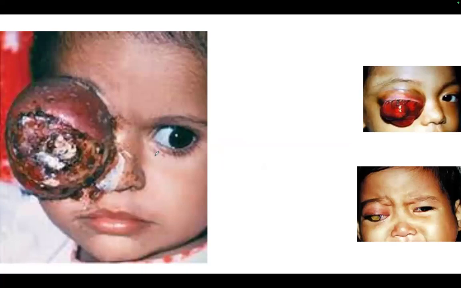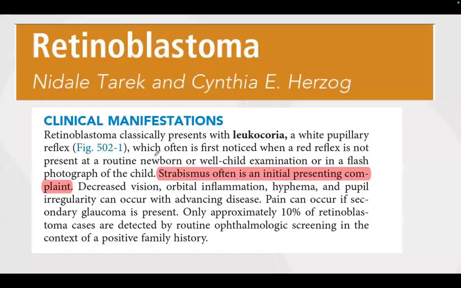Now, I need to highlight this. This is the chapter, a screenshot from Nelson's. Many people complained here. What is the initial presenting complaint? Almost everyone answered leukocoria. The answer is strabismus.